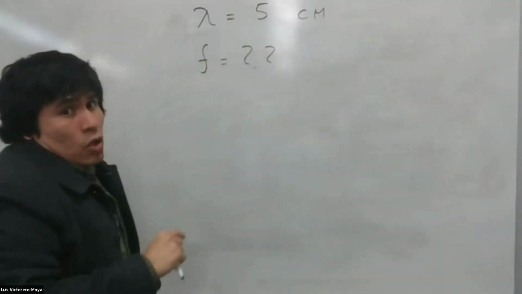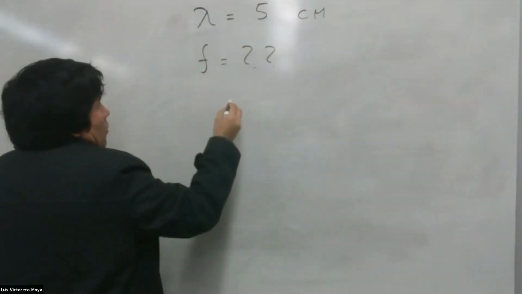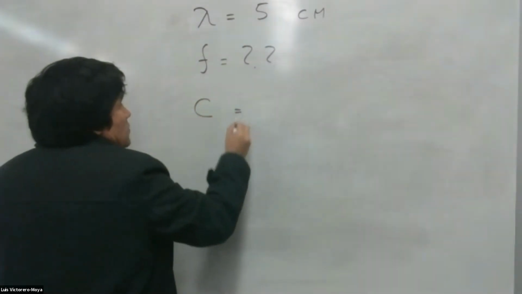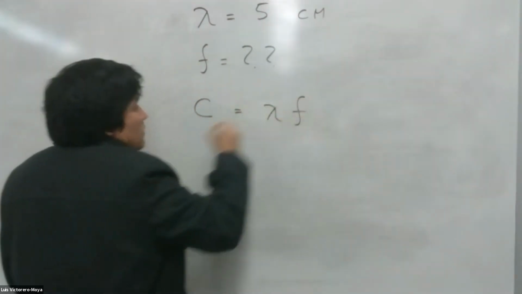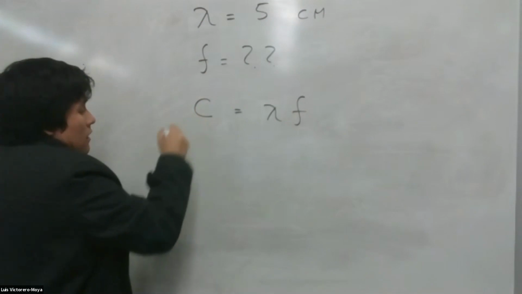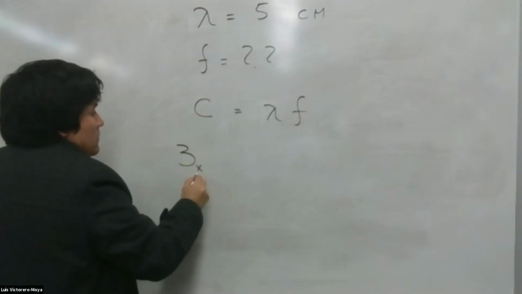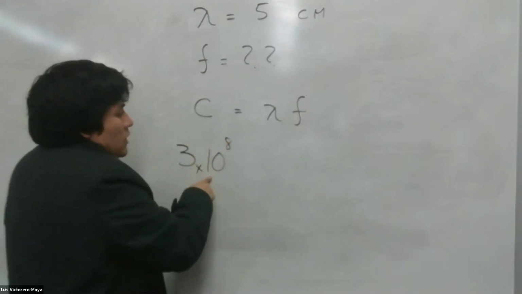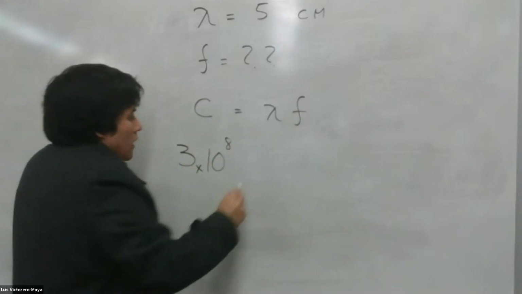If that's the case, you will say, okay, I know c equals lambda times frequency. And what's c? c is 3 times 10 to the 8, because I'm writing in meters per second.